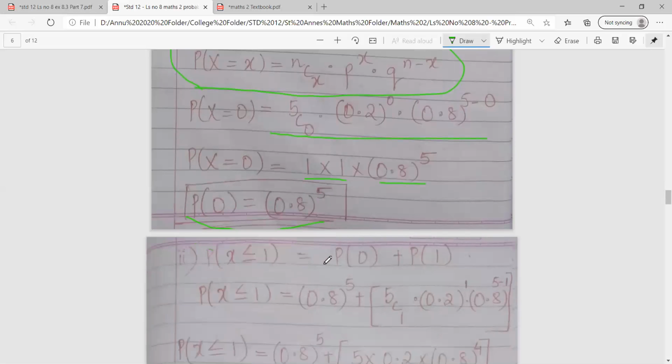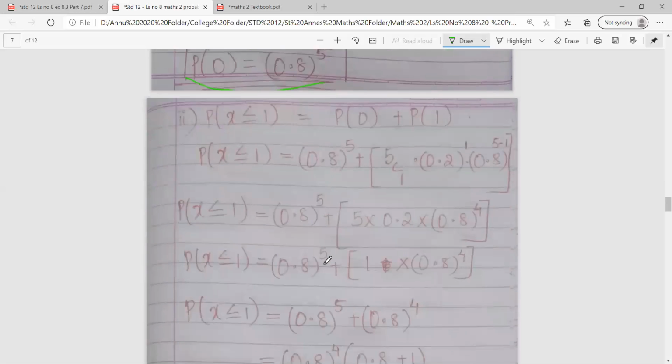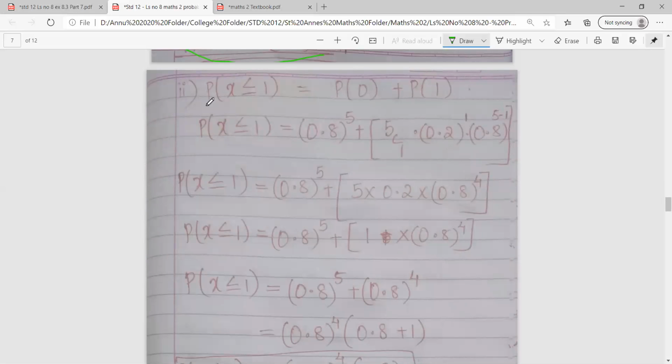Coming to the second one, probability of X less than equal to 1. So class, remember less than equal to 1 means 1 and 0. So now over here we'll write P of 0 plus P of 1. Now you have already found out P of 0 above, so you can directly substitute the value and we'll solve the sum for probability of 1.